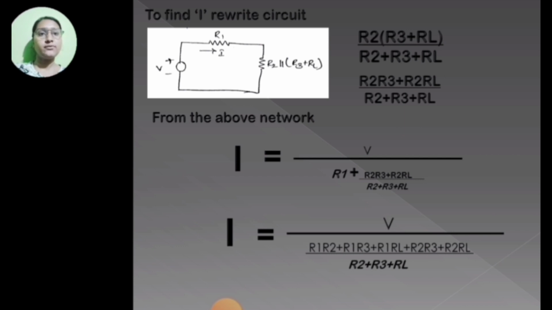From the above network we know that I is equal to V divided by R. So I equals V divided by R1 plus this value, that is R2 into R3 plus R2 into RL divided by R2 plus R3 plus RL. Next, multiplying with R1, we get I equals V divided by R1 into R2 plus R1 into R3 plus R1 into RL plus R2 into R3 plus R2 into RL, divided by R2 plus R3 plus RL.